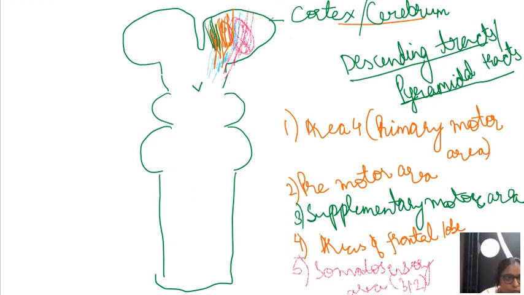So from all of these, your descending tract or pyramidal tract emerges or originates, and it forms a fan-like structure here. Have you seen that? Like this. It is called your corona radiata.